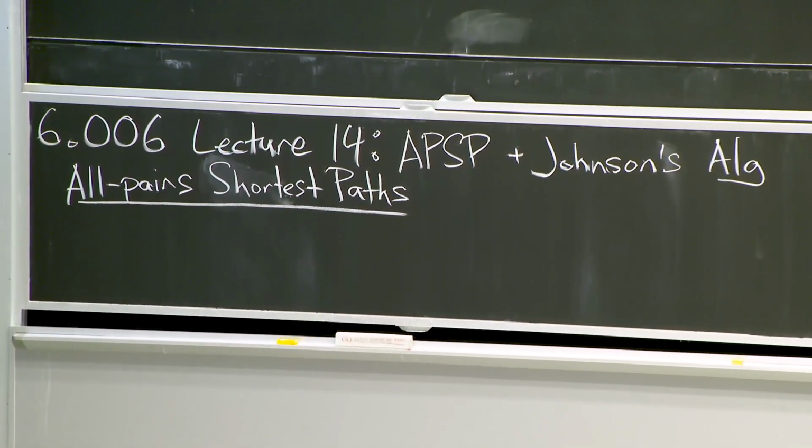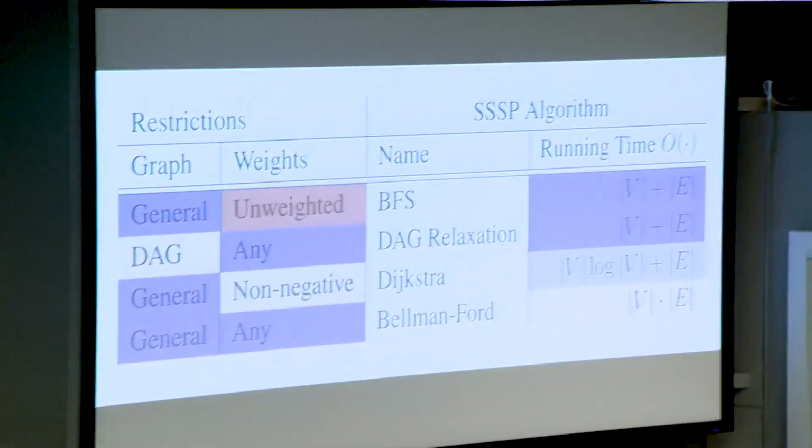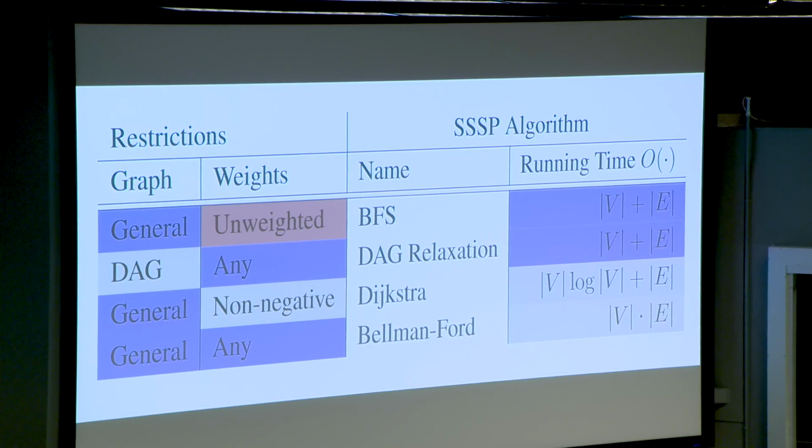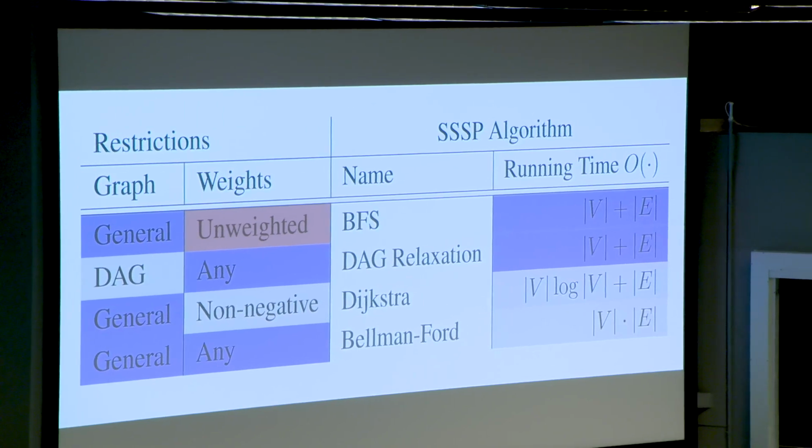Okay, but first let's review our single source shortest paths algorithms. We had BFS, DAG relaxation, and Dijkstra, which we saw last time, which gets pretty close to linear. V log V plus E is pretty close to linear. It's much closer to linear than the general algorithm we have for solving single source shortest paths, namely Bellman-Ford, which is a little bit more like quadratic.